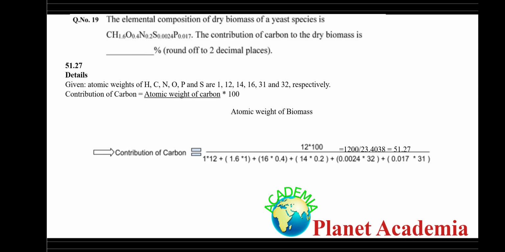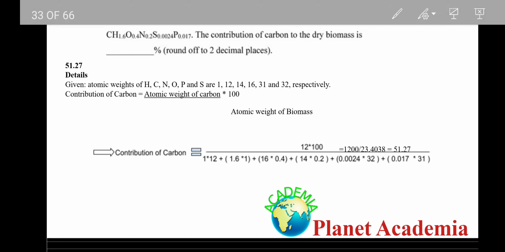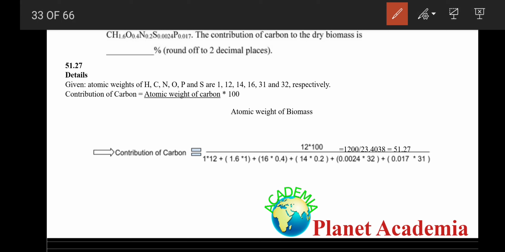The elemental composition of dry biomass of yeast species is given. The contribution of carbon to the dry biomass is easy actually. So what do you need to do? If it is percentage, then actually this should not be here, this should be here.